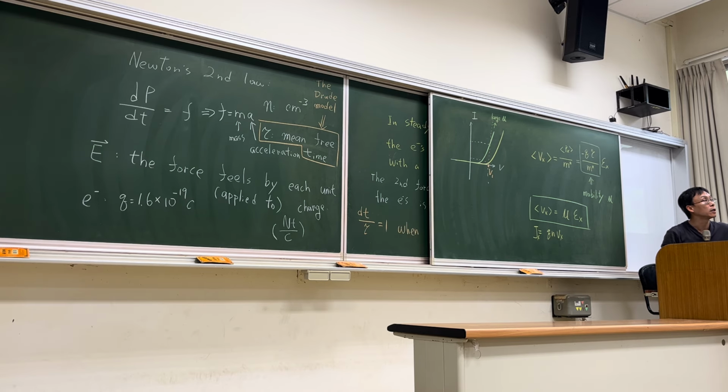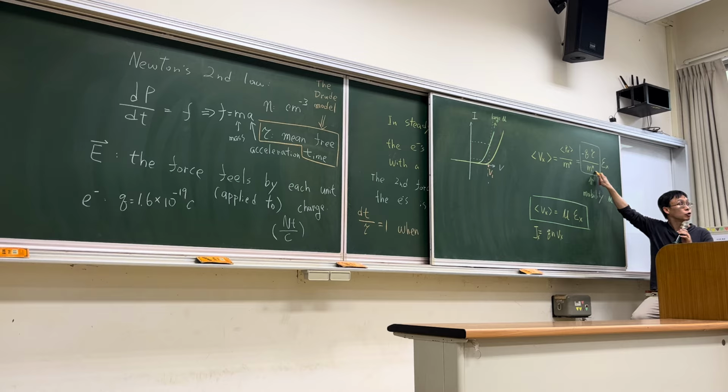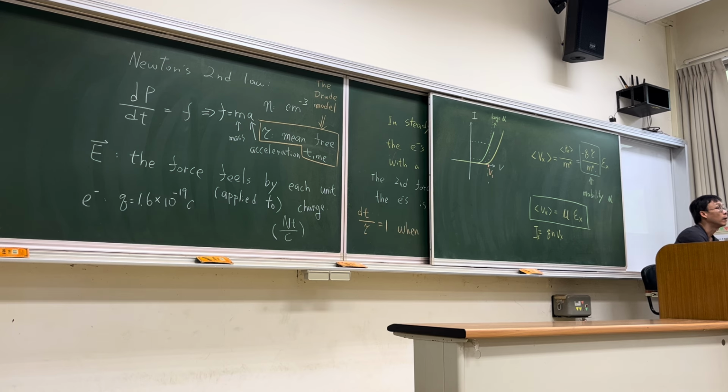How can you make the electron run faster? That is how you control the mobility of the electron. You can make the effective mass smaller, and you can also make the tau longer.